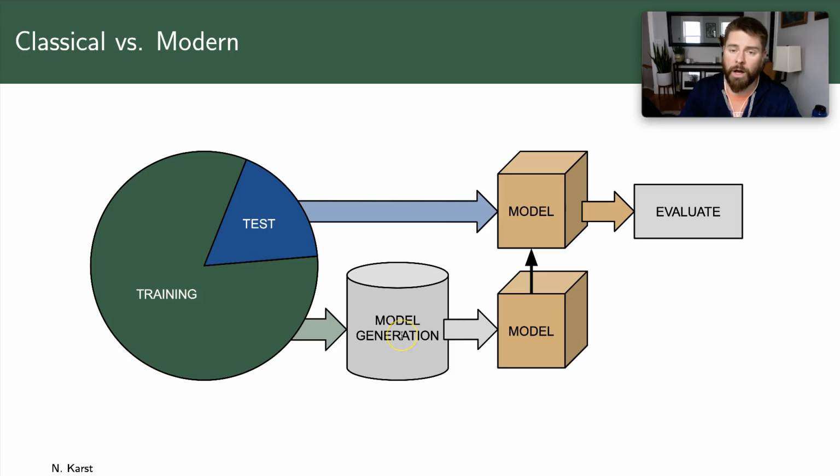We generate our model based on only the training data set. We take only the training data set points, we build our model. So we train our linear regression, for instance. We then take this model and we apply that model to the test data points. We see how well the model will do in predicting these test data points, which it did not see during the generation phase. So we build the model on training, and then we evaluate the model's performance on test.